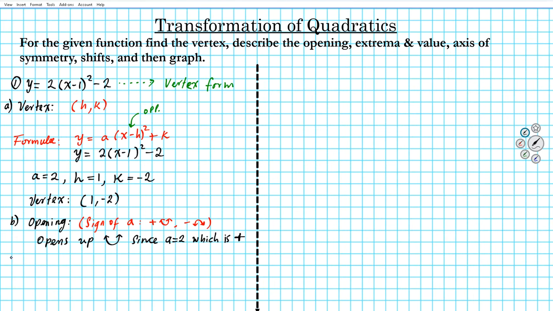Let's move on to the extrema value. The extrema is basically the extreme. What's the nature of the extreme? For the extrema value, it's going to be either a minimum for opening up or a maximum for opening down.